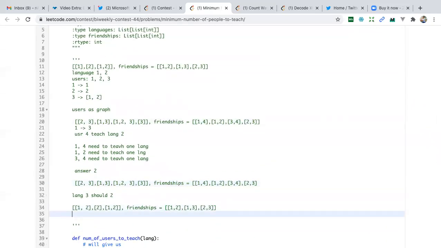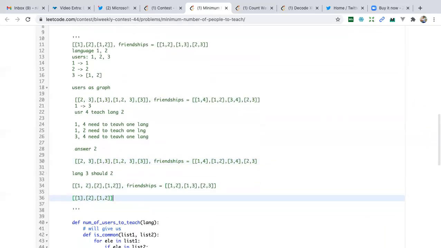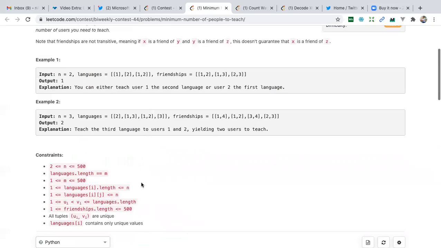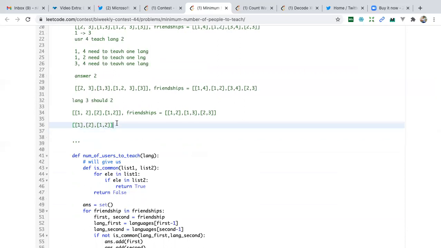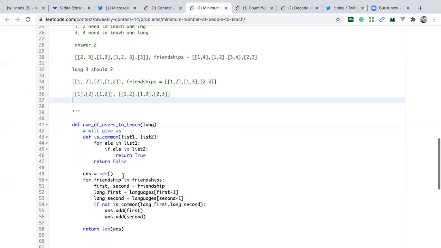We have 1, 2, and friendships are 1, 2, 1, 3, 2, 3. So 1 and 2 have 1 and 2. So we need to teach either the first language or the second language? If the language is already present, then we don't need to teach, right? We have to check that case.